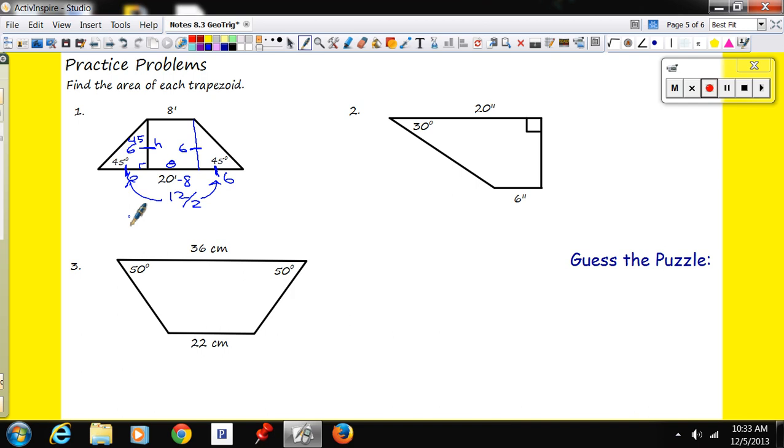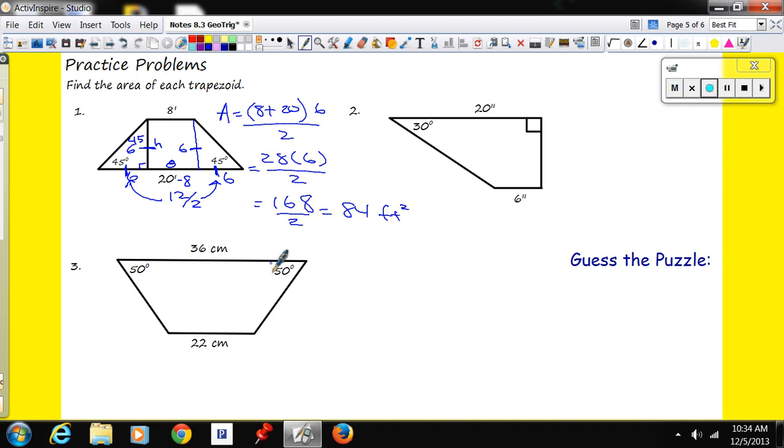So now do I have enough information to get my area? Yes, I have my bases. Times it by my height, I divide it by 2. So area would equal my two bases together, 8 plus 20, times the height, which is now 6, and divided by 2. 28 times 6, divided by 2, 168 over 2 is 84 square feet.